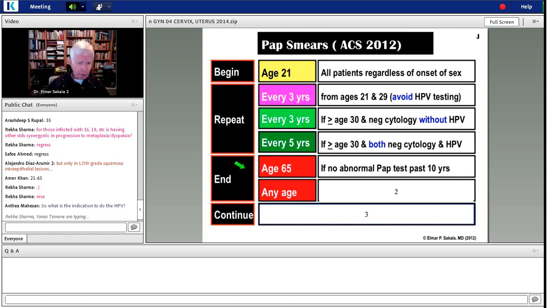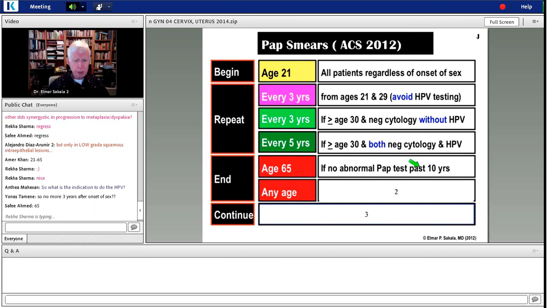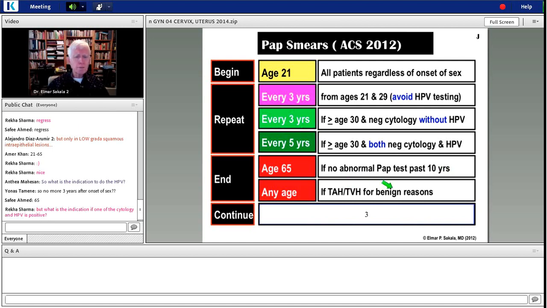When can you stop doing pap smears? At age 65, if she's had no abnormal pap test in the past 10 years, you're done. You can stop at any age if there is a total hysterectomy. It could be a total abdominal hysterectomy, it could be a total vaginal hysterectomy, but if it is done for benign reasons, if it is done because of endometriosis, because of leiomyomas, because of adenomyosis, we'll talk about these later.